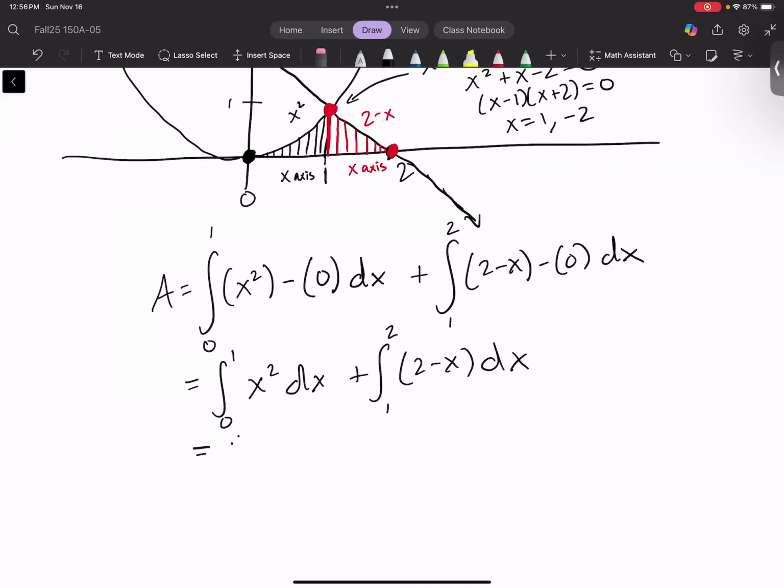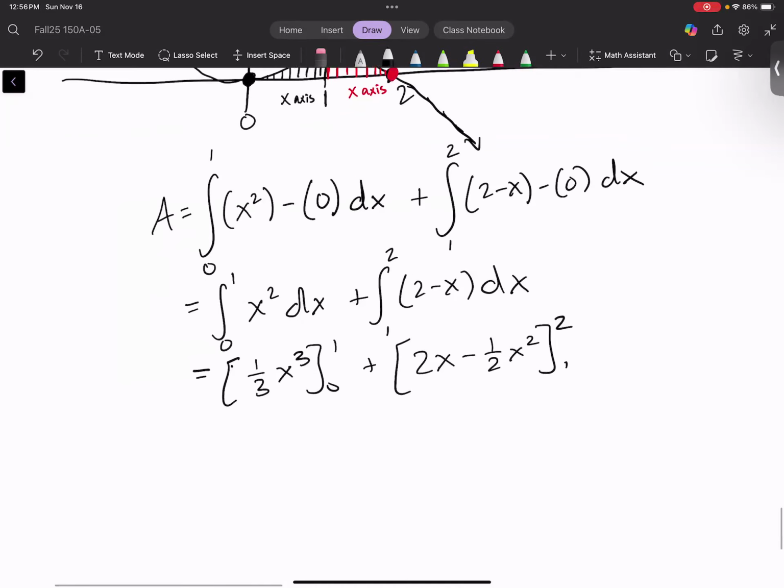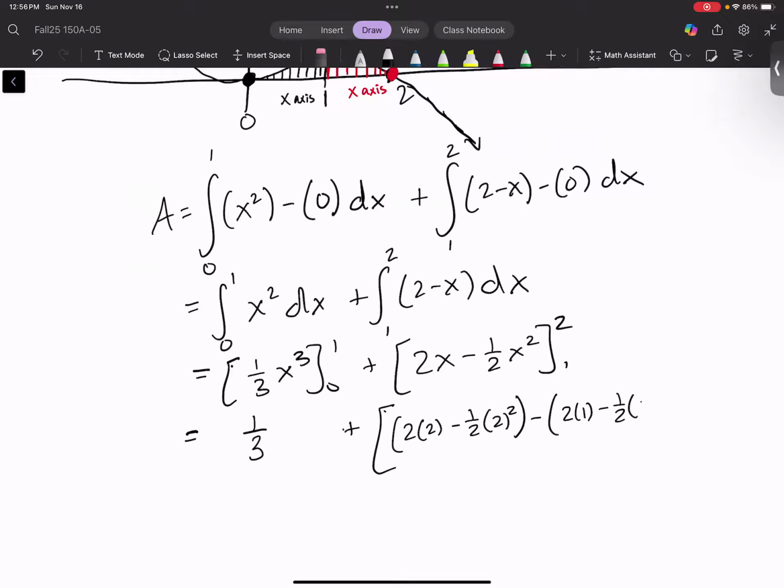Now we can do our antiderivatives. So this will be 1/3 x cubed, 0 to 1. And then this will be 2x minus a half x squared, 1 to 2. So plugging in, the zero bound gives me nothing, so this will be just a third plus, now these bounds matter, so I'll have 2 times 2 minus a half times 2 squared minus 2 times 1 minus a half times 1 squared.